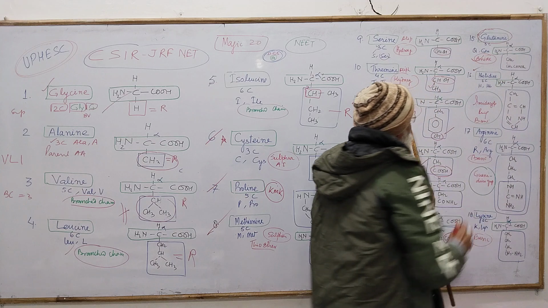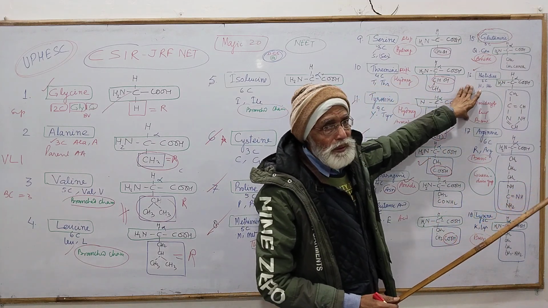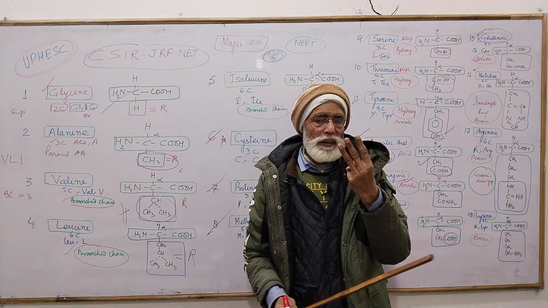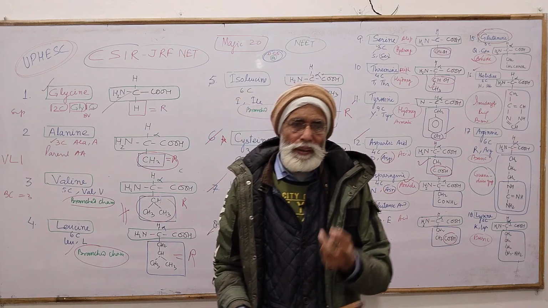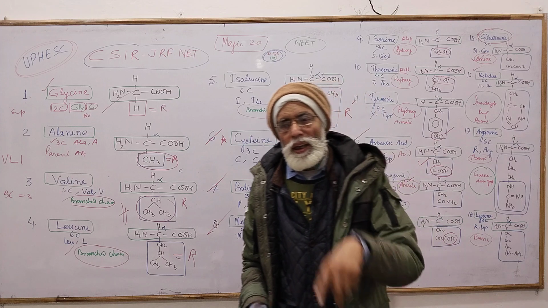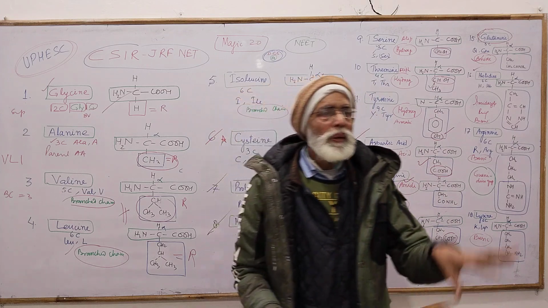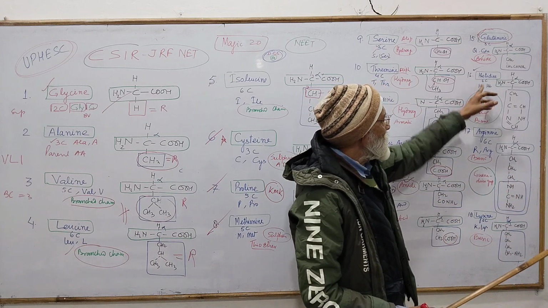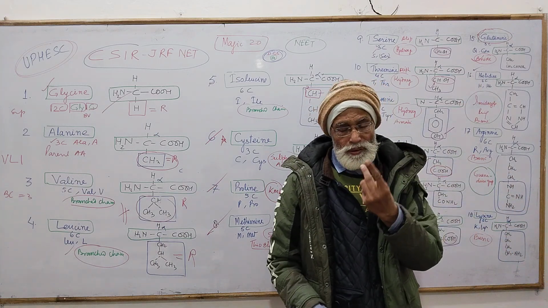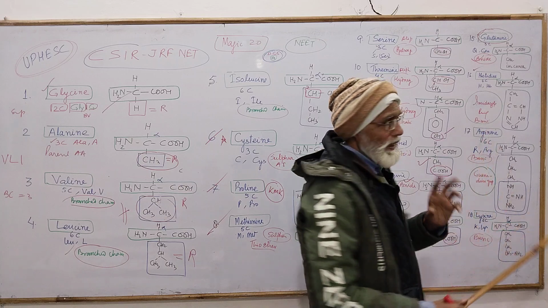Okay, now the next member, histidine. Now the basic amino acids, remember they are three: histidine, arginine, and lysine, and their single letters are H, R, K one by one. Very important point, all the three basic amino acids have 6 carbon atoms, only 6, and one extra amino group.